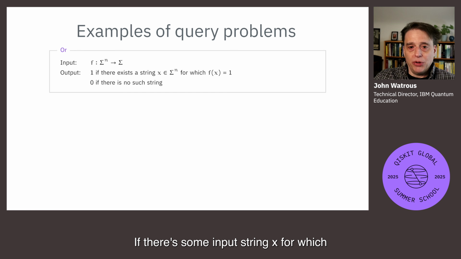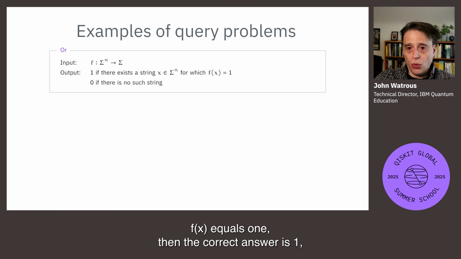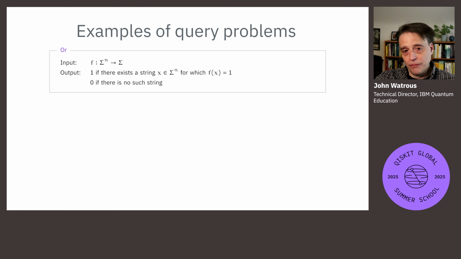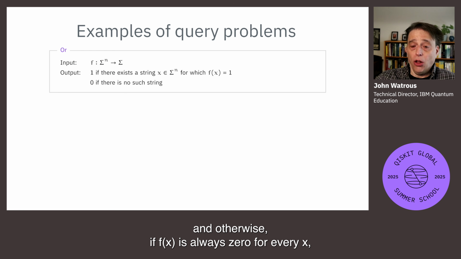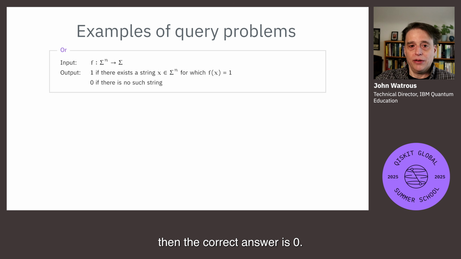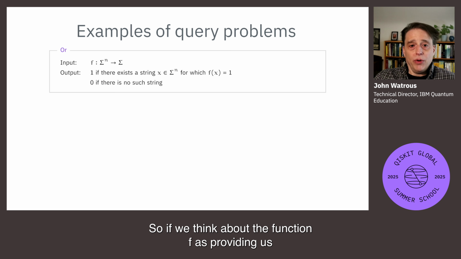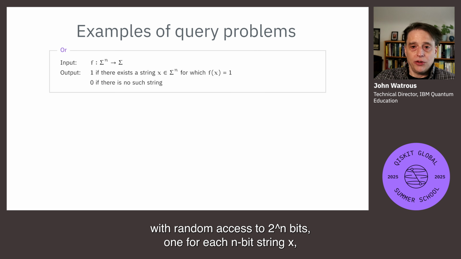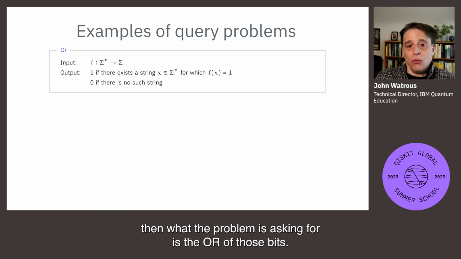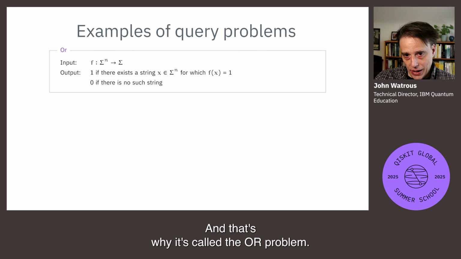If there's some n-bit string x for which f of x equals 1, then the correct answer is 1. And otherwise, if f of x is always 0 for every x, then the correct answer is 0. So, if we think about the function f as providing us with random access to 2 to the n bits, 1 for each n-bit string x, then what the problem is asking for is the OR of those bits, and that's why it's called the OR problem.